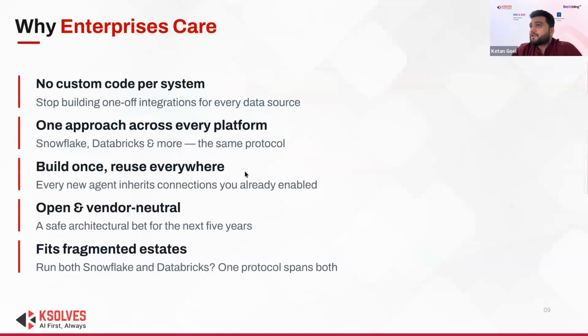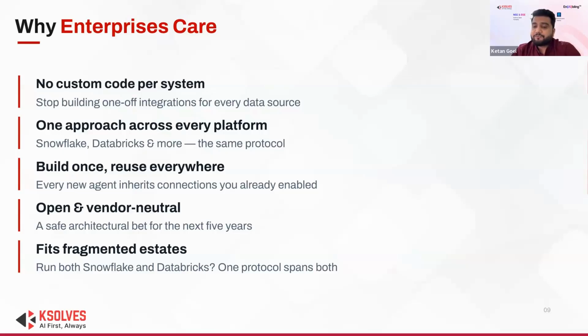Now, why should enterprises care about MCP, or use MCP servers? First of all, as we discussed, there is no custom code per system. That means you don't have to write any code to perform any action; that is taken care of by your platform.